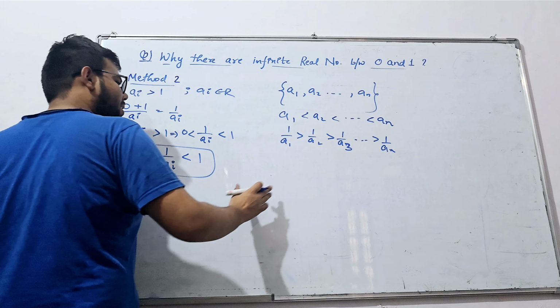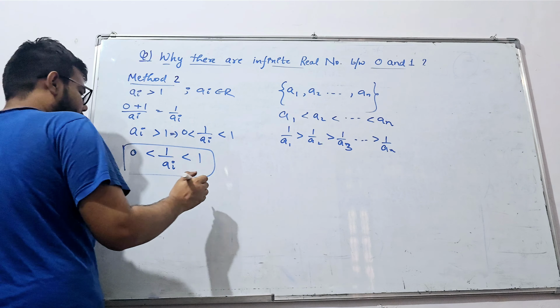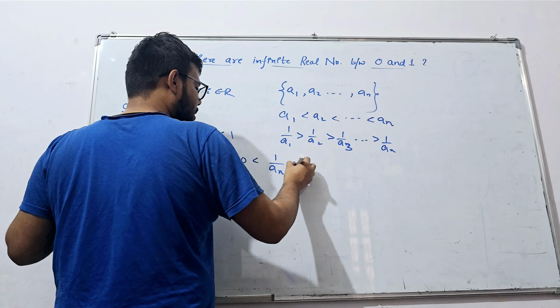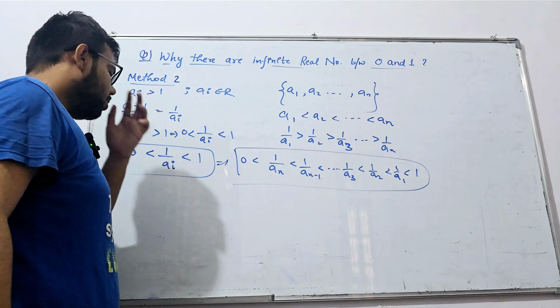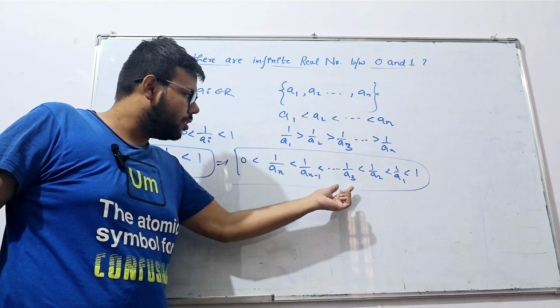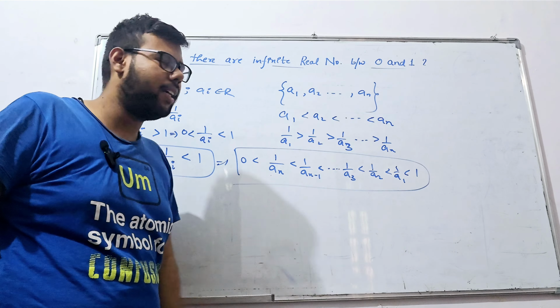Now notice that you can put this over here because it is valid for all a_i. So you can say 0 is less than 1 upon an, less than 1 upon a(n-1), and so on till 1 upon a3, 1 upon a2, 1 upon a1, less than 1. Notice that here also you have n terms like a(n-1) till a1, right?